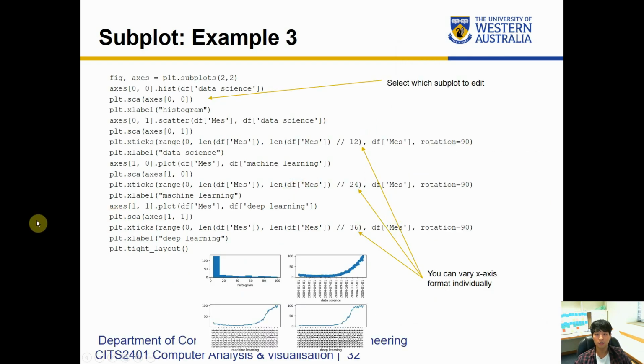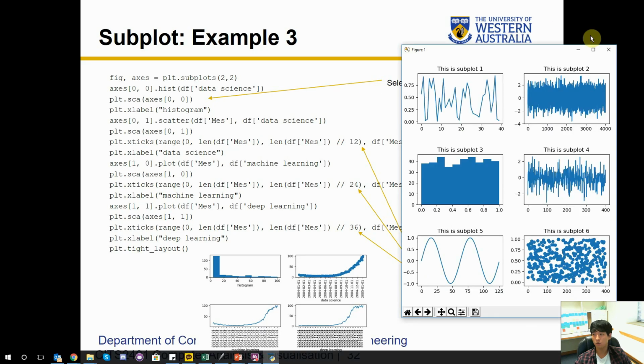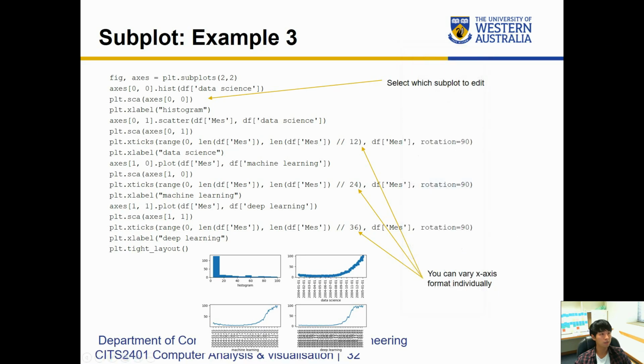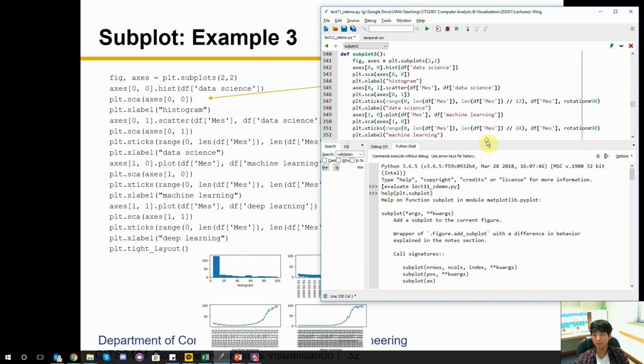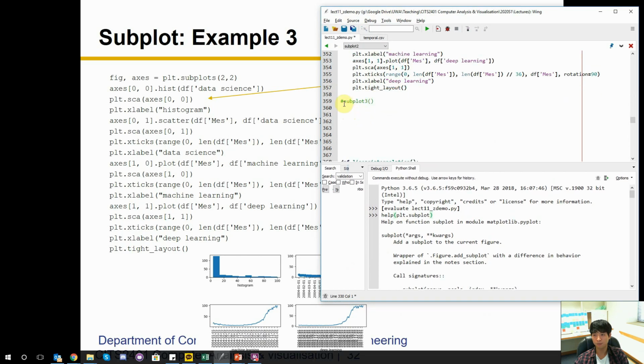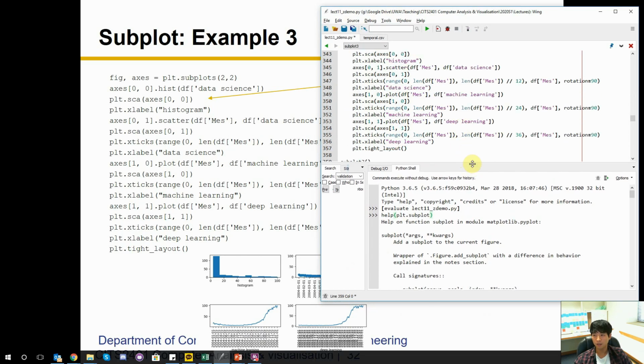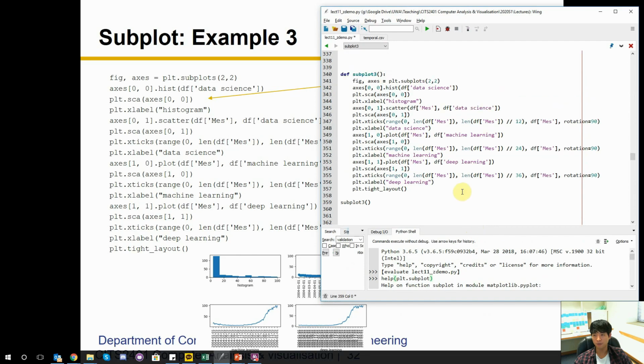Okay, so let's have a look at our third example, using the data set that we have loaded before. Let's have a look at the code here first before we move on.